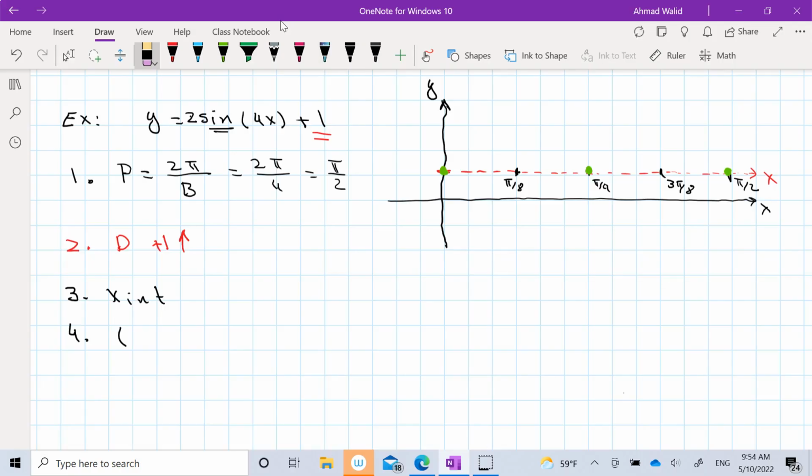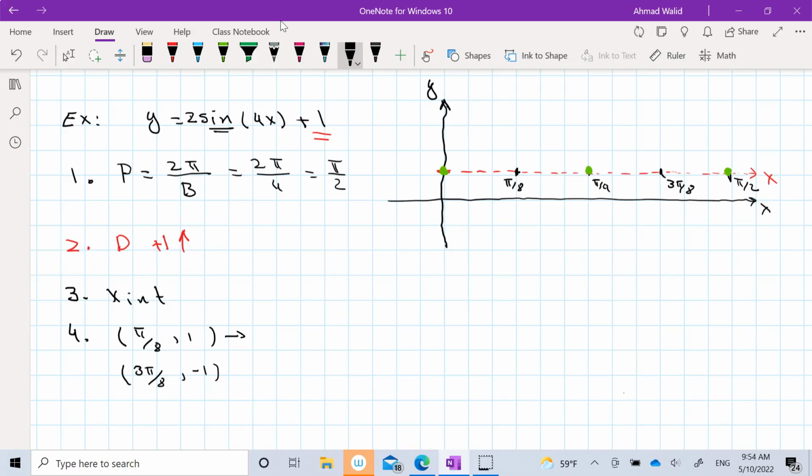The key points for sine are pi over 8, comma 1, and 3 pi over 8, comma negative 1. Remember, the key points for sine were pi over 2, comma 1 and 3 pi over 2, comma negative 1, but because here I have a different period, I put my quarters.